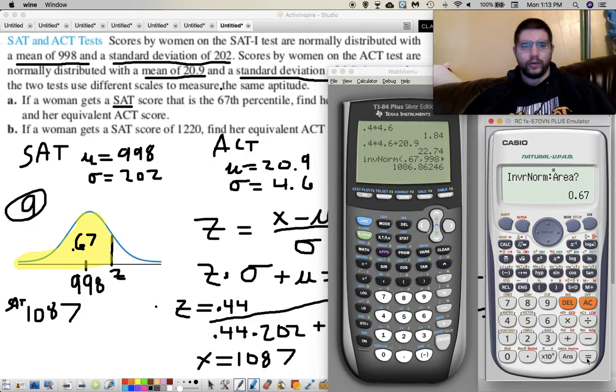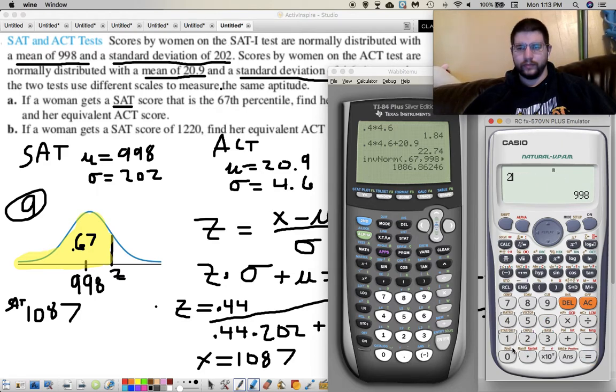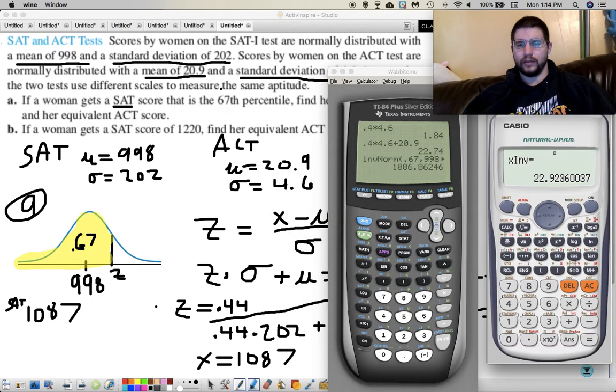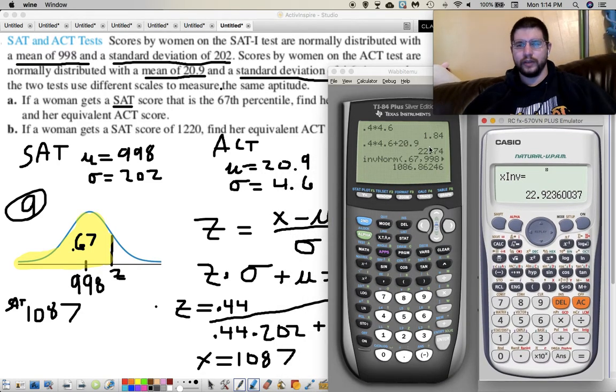Type it in the same way for the ACT. Only thing we're changing is the standard deviation and the mean. That's actually a little higher than we got on doing it by hand, I do believe. 22.74.